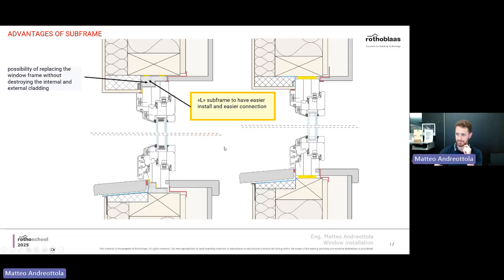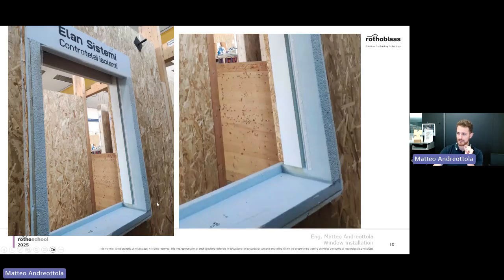Otherwise, you see easier installation and easier connections, completion of details without installing the window frame, waterproofing the window sill without installing the window frame, and so on and so forth. You see that it's making your life easier.